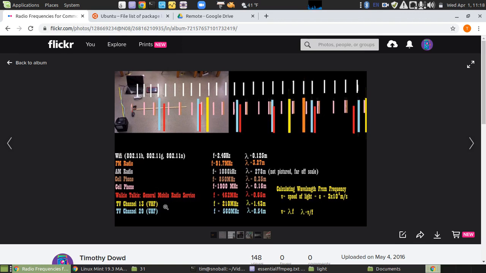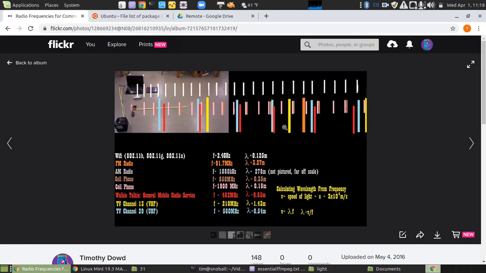The TV channels are tucked in several places around the electromagnetic spectrum. They all have numbers in the United States, but those numbers don't really correspond to the actual wavelength and frequency the broadcast is on. There's generally two big parts, what's called the VHF, and channel 13 is an example of that.